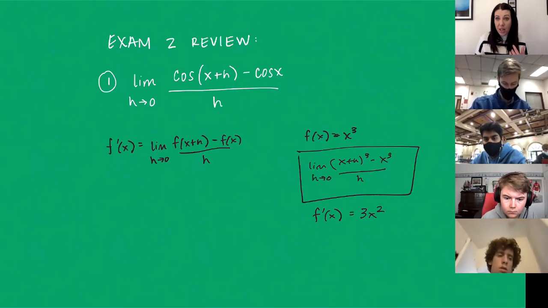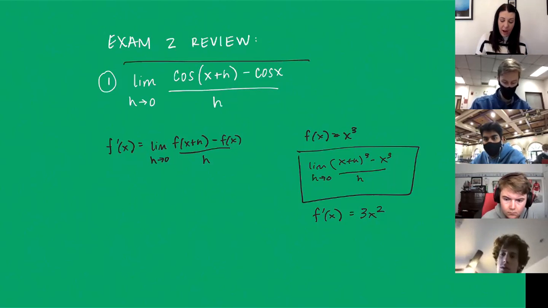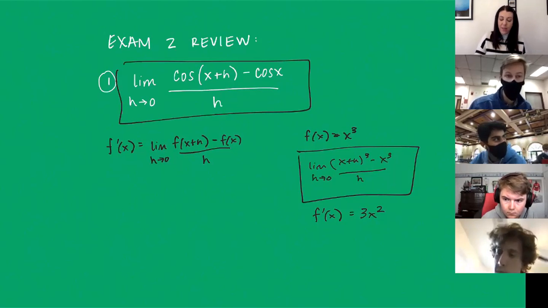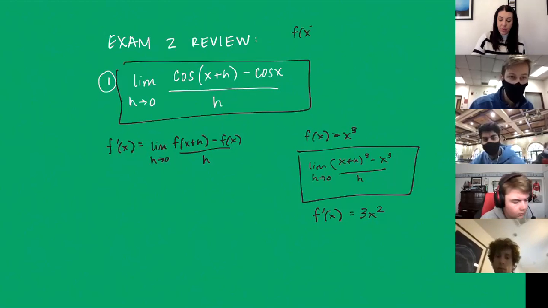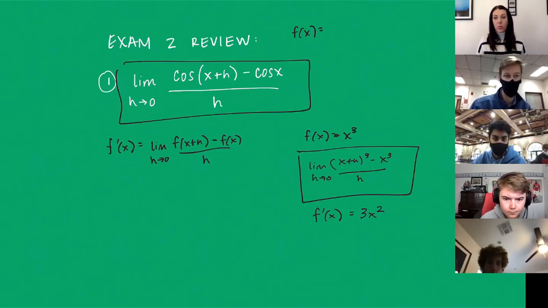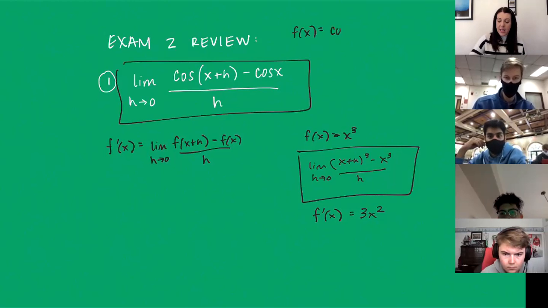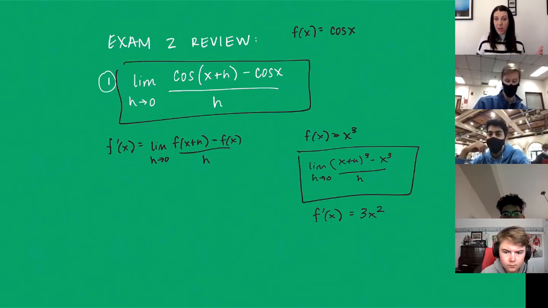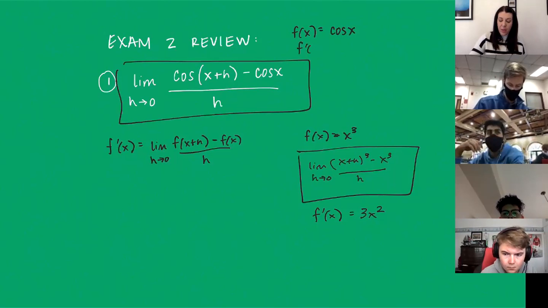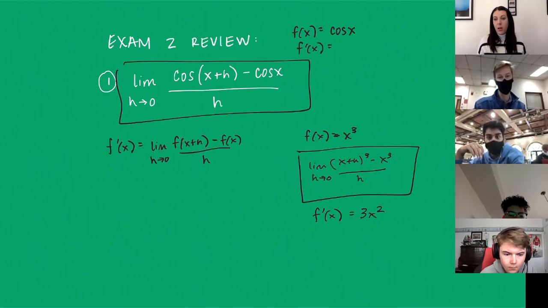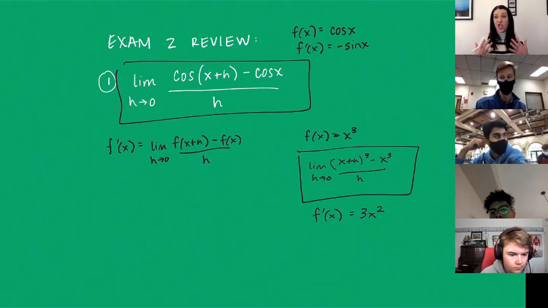So the function on this one that we're asked to find here, our function f of x would be what? Cosine of x. And since all it's asking us to do is find the derivative of cosine of x, our derivative would be equal to what? Negative sine x. And that's all you have to do. There's really no work involved on this question. It's just recognizing that this is the definition of the derivative.